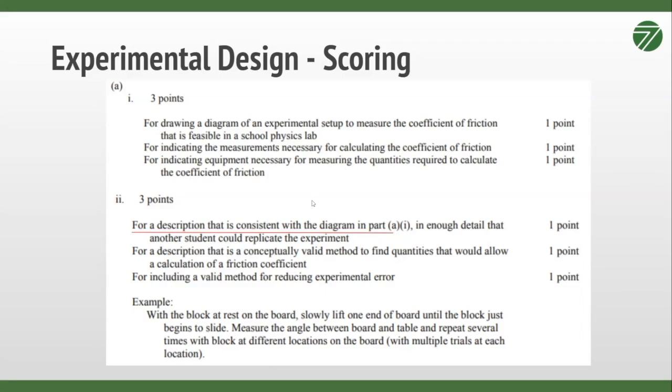Okay, so anything that you could feasibly use to measure the coefficient of friction would get you a point, even if everything else is wrong. Okay, at least if your diagram's like, okay, I could feasibly use that, they'll give you a point for that.